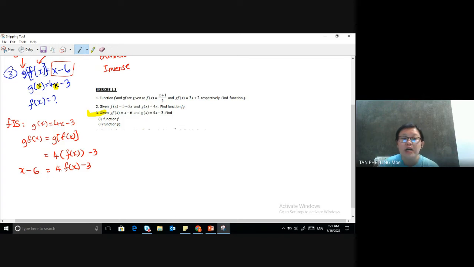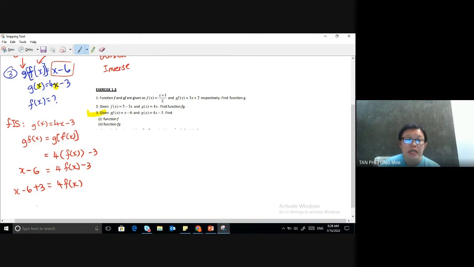Now some of you may be lost. How to continue? You must remember that you are finding your f(x), so you have your f(x) here already. It's just that your f(x) is times 4. So put your 4f(x) on one side first. The minus 3 you don't want, so you bring it here and it becomes plus 3. So you have x minus 6 plus 3.